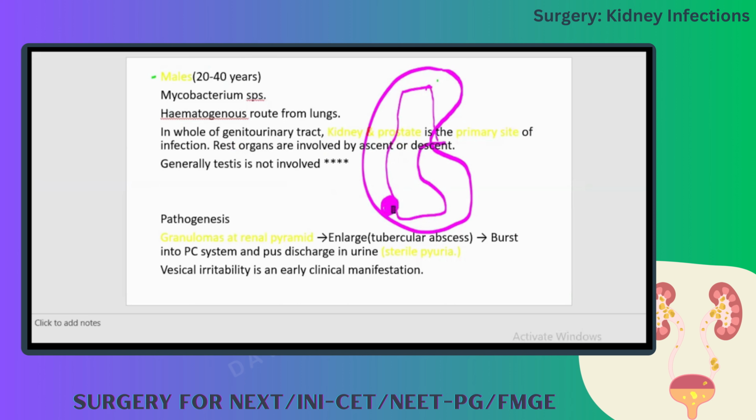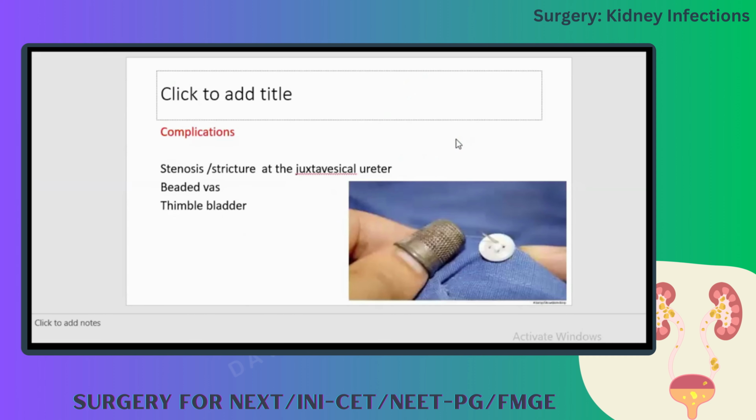Initially there will be a granuloma, which will enlarge to form an abscess, and it will burst into the PCS. First a granuloma, then an abscess, then a burst into the PCS. Vesical irritability is the earliest clinical feature. Because of this burst, the patient will have vesical irritability.